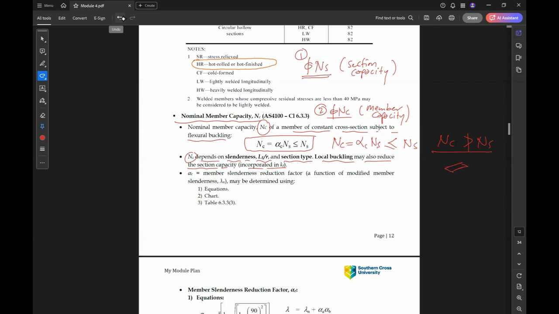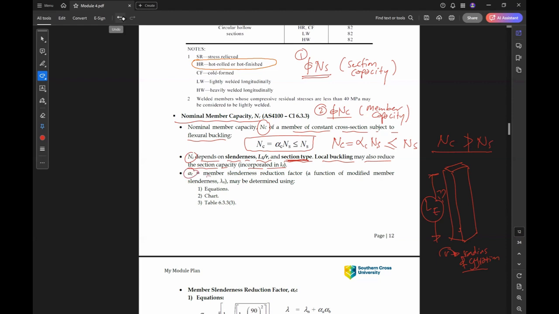Okay, so if this is our member, we have LE, the effective length, we'll know how to find it, and R is the radius of gyration of the member. So this is one of the properties of the member, and the other factor is section type.